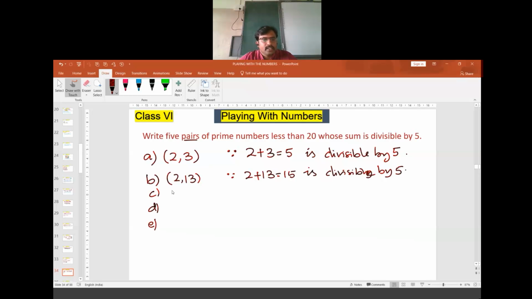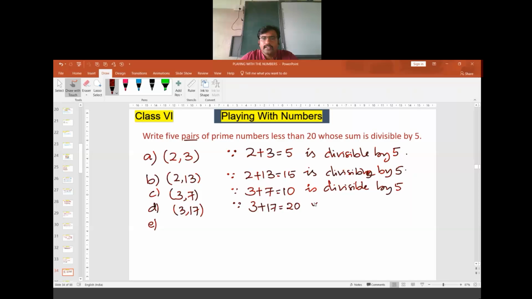Yes, one of your friends says it is 3 comma 7, because 3 added to 7 gives 10 and is divisible by 5. One of your friends says it's 3 and 17. Their sum is also divisible. 3 added to 17 is 20, divisible by 5.